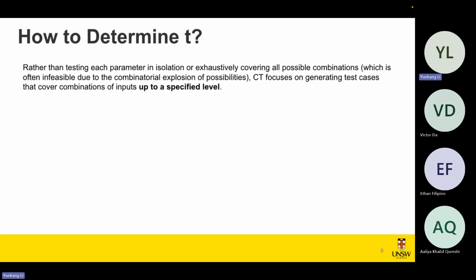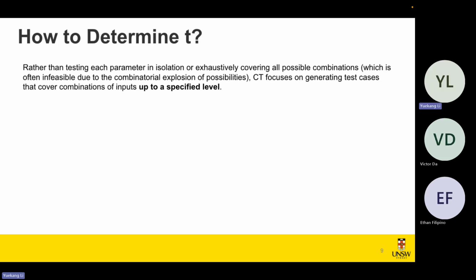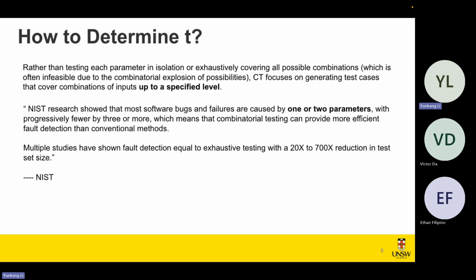Rather than testing all the possible values, in practice we normally use a specific value of t. And thankfully, from the experiments done by NIST, we have some suggested values here.